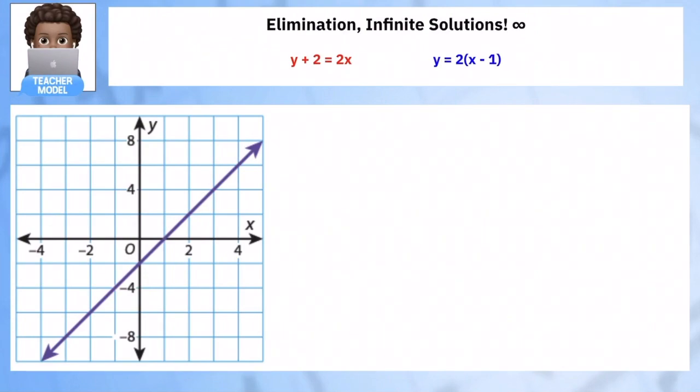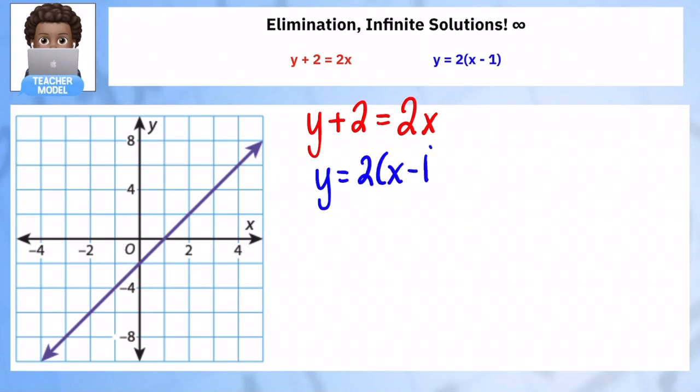So same thing. y plus 2 is equal to 2x. And here's my blue. y is equal to 2x minus 1. I do need them in the same form, so I'm going to distribute here and here, and I get y is equal to 2x minus 2.